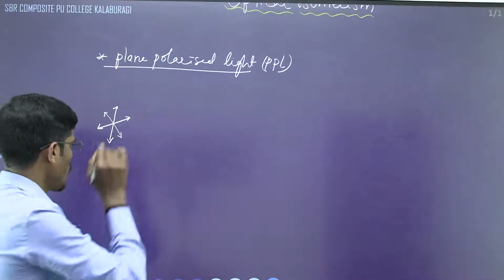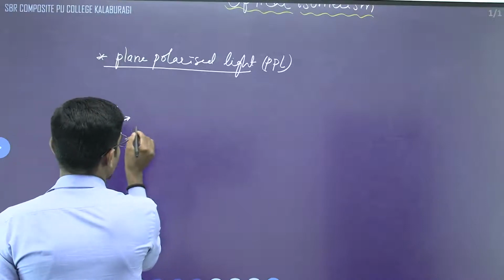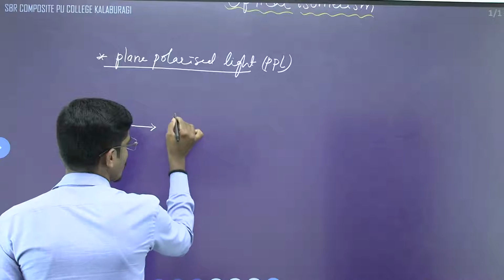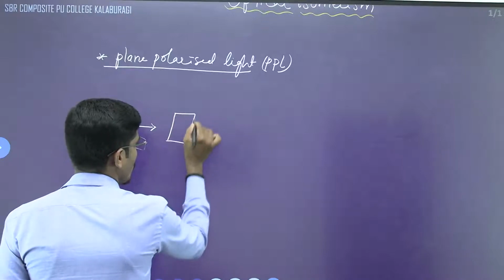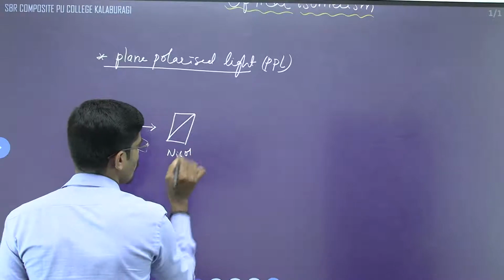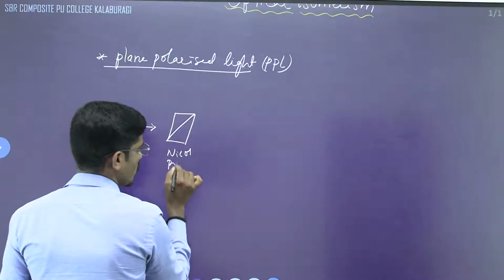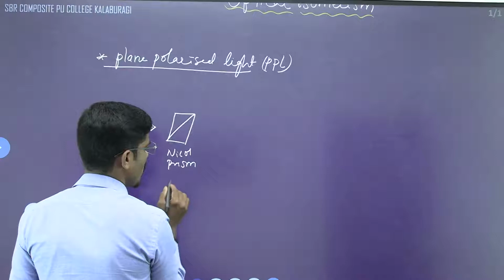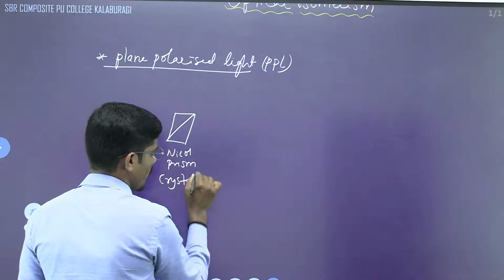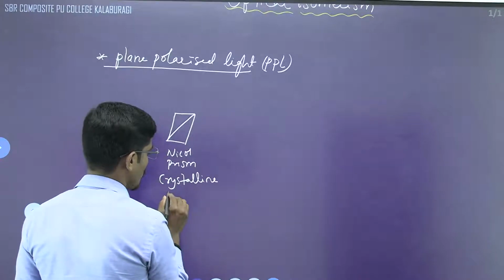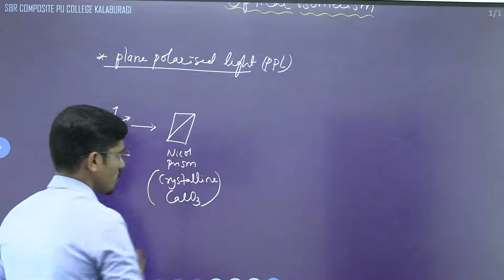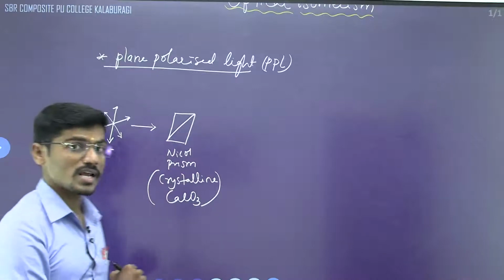When this ordinary light is passed through a nickel prism, this is a special type of prism made up of crystalline calcium carbonate.